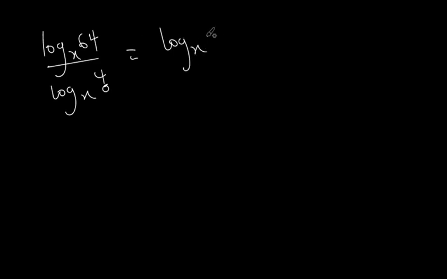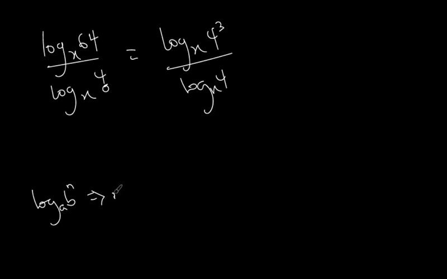Log base x 4 raised to the power 3 divided by what? Log base x 4. So from here, if you look at the third law of indices that I showed you, that is log base a b raised to the power n, I told you we can write this to be what? n log base a b. So from here we are going to write the same thing. The 3 will now come here.